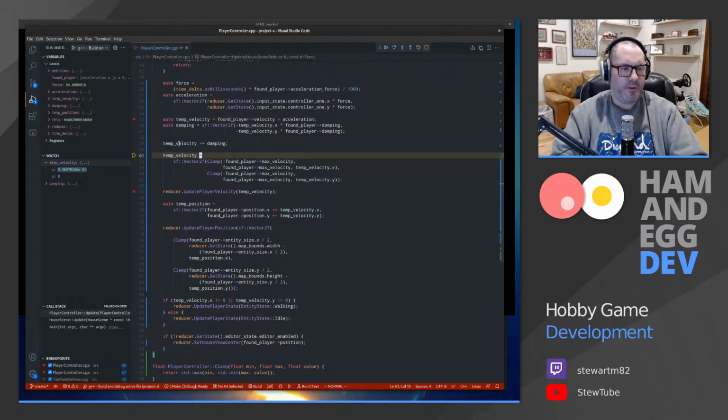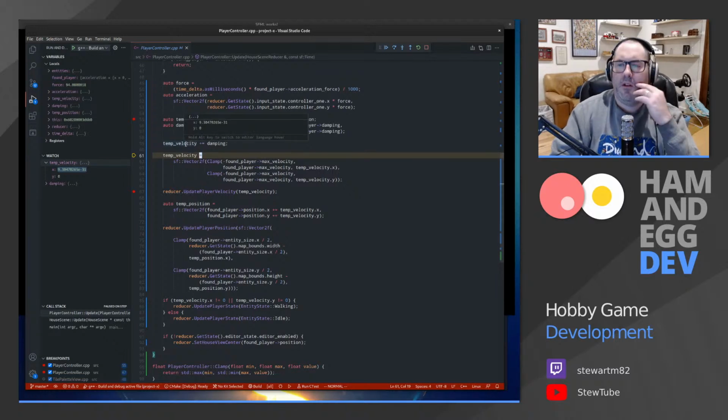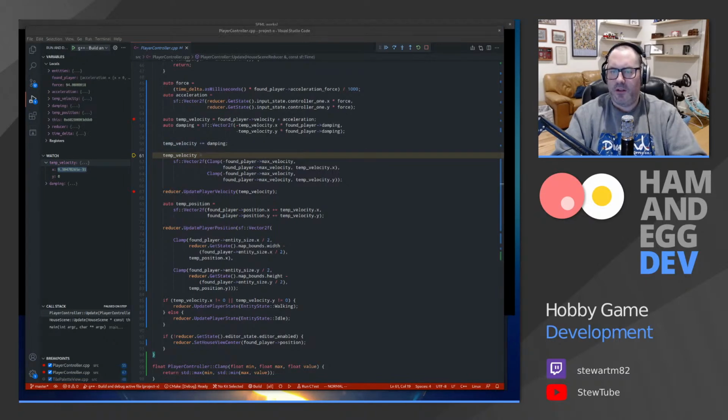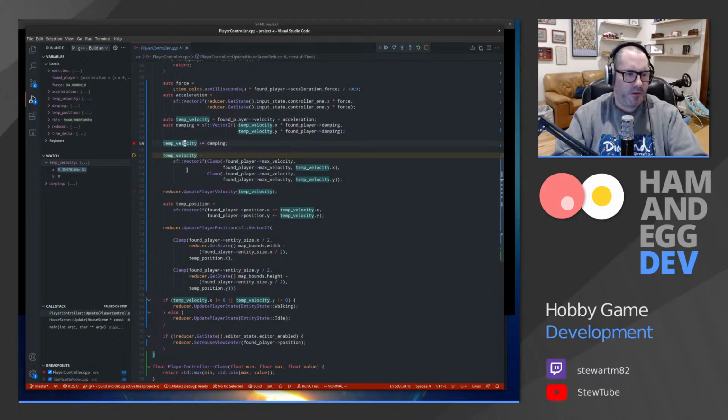A member-wise addition. So how do we end up with 9? That's kind of what I would expect it to do. Yet we're getting 9. That's not what I would expect it to do.